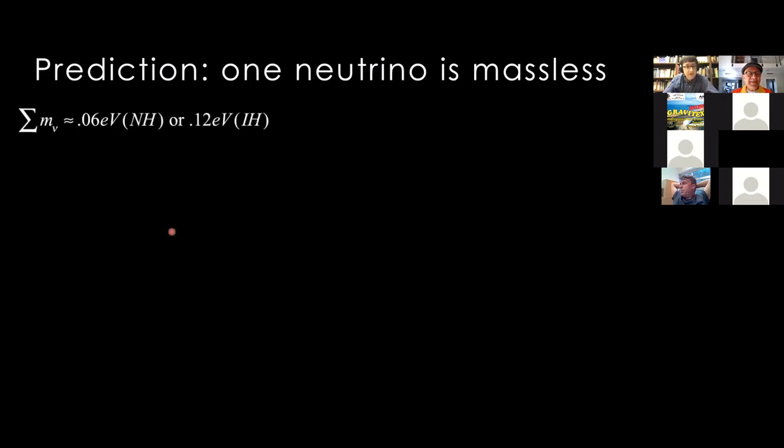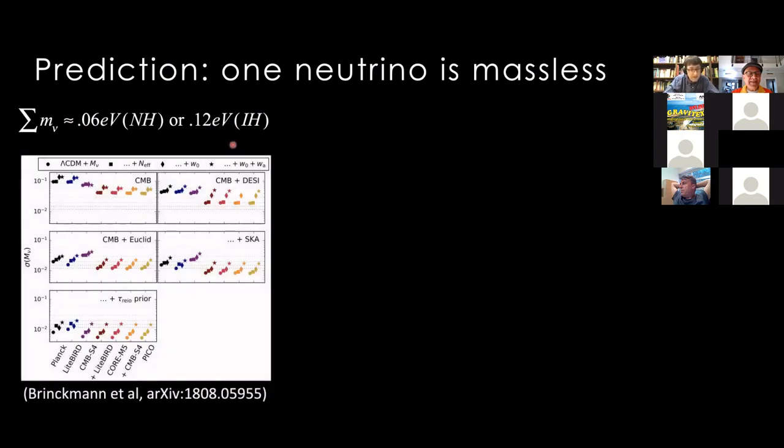So first of all, it means that the predicted sum of the 3 light neutrino masses, which of course many cosmology experiments are currently trying to measure, we predict that if our dark matter model is right, then that sum should be the minimum possible value, which means that it should be 0.06 electron volts if the neutrinos have the so-called normal hierarchy, or twice that value if they have the inverted hierarchy. Okay, and so here is a slide showing how forthcoming experiments should be able to test that and rule that prediction in or out.